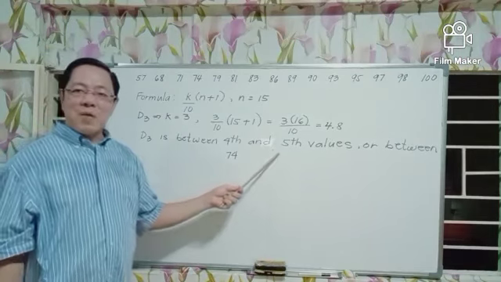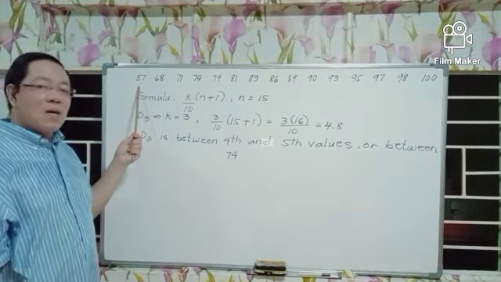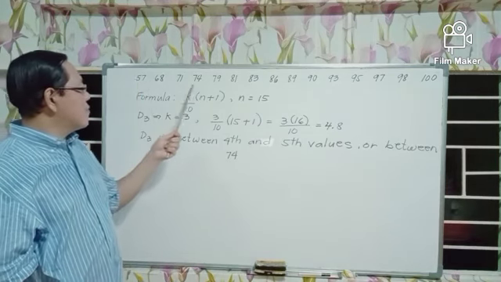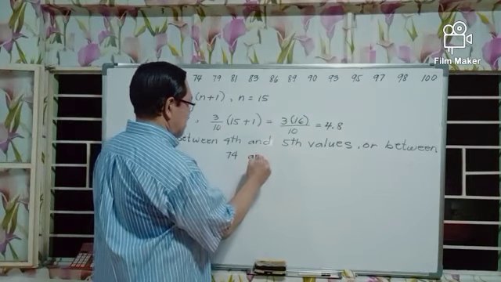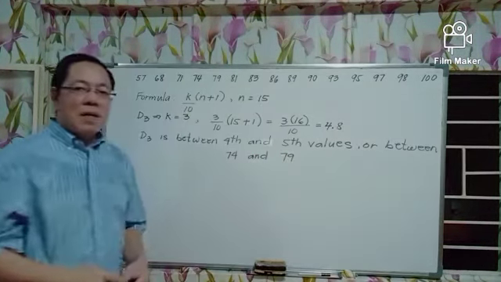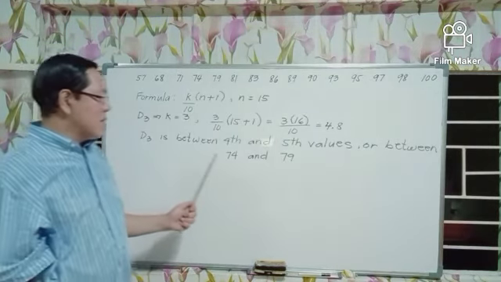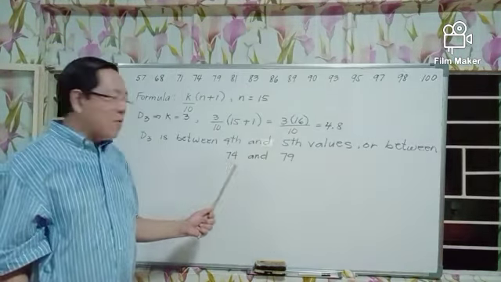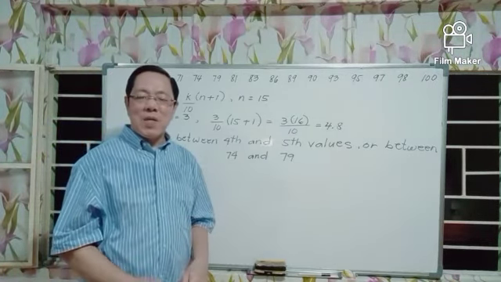And we also find the fifth value. From the lowest, we count 5: 1, 2, 3, 4, 5, 79. Hence, we say that the value of the third decile is between 74 and 79. Now, we actually find the value of the third decile.